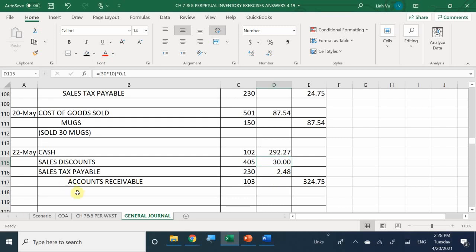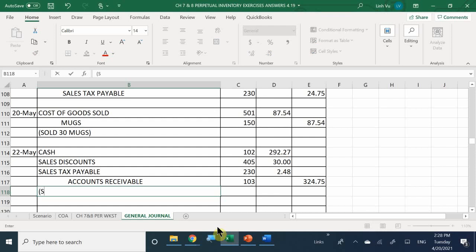Once again, now that my customer B has paid in full, I'm going to note this as well. Customer B paid in full, and I'm also going to say that he received the 10% discount because he paid within terms.